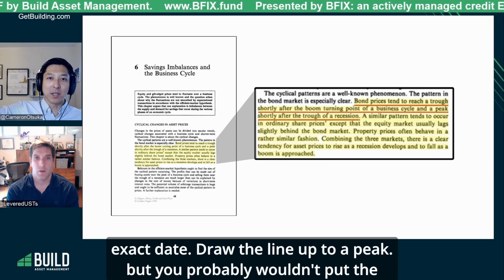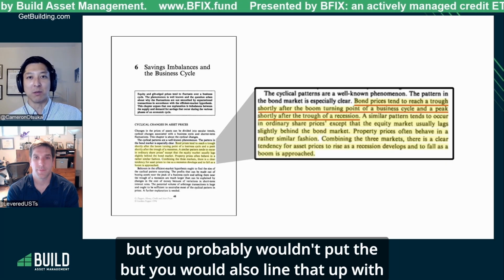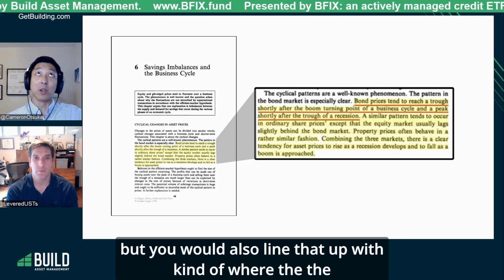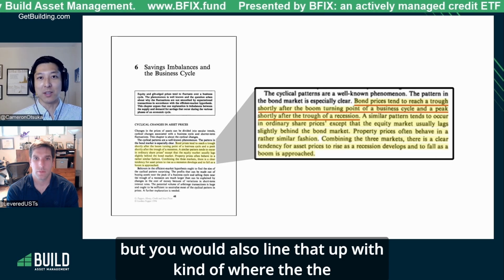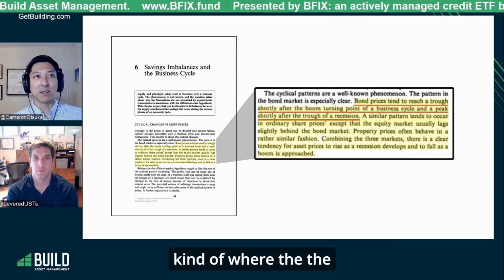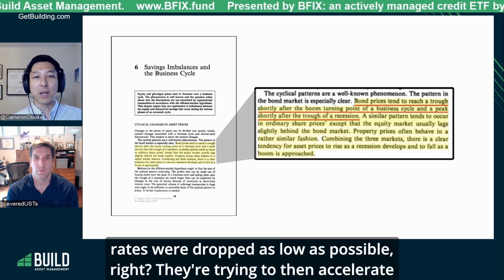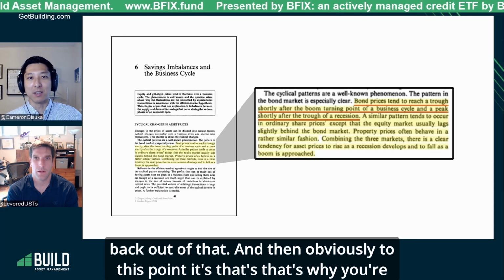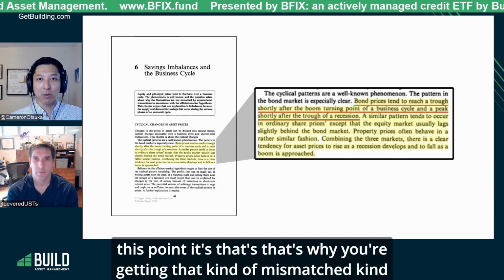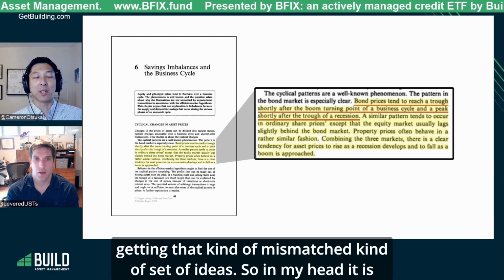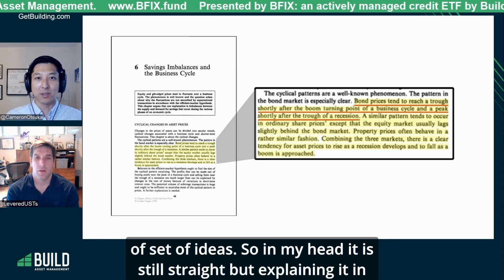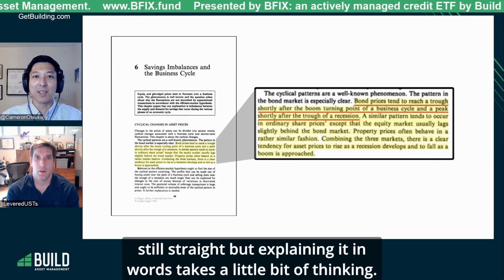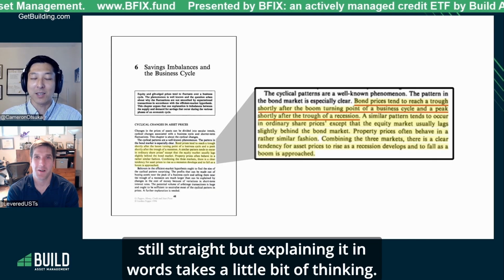Draw the line up to a peak, and you would also line it up with where rates were dropped as low as possible. They're trying to then accelerate back out of that, and that's why you're getting that kind of mismatched set of ideas. So in my head it is still straight, but explaining it in words takes a little bit of thinking.